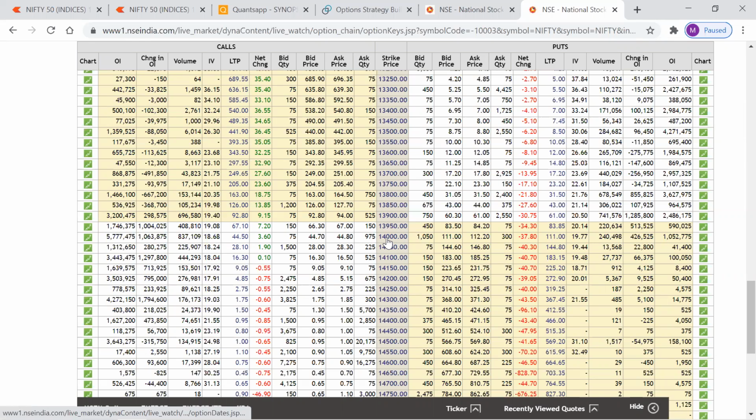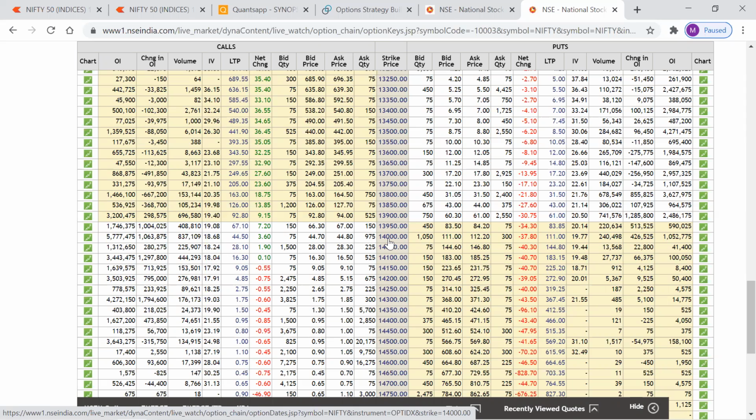See, if you are bullish and you are estimating that Nifty will cross 14,000 before 31st of December, then how much do you need to pay? 44.50 as a premium amount, as a token amount, as an advance amount.